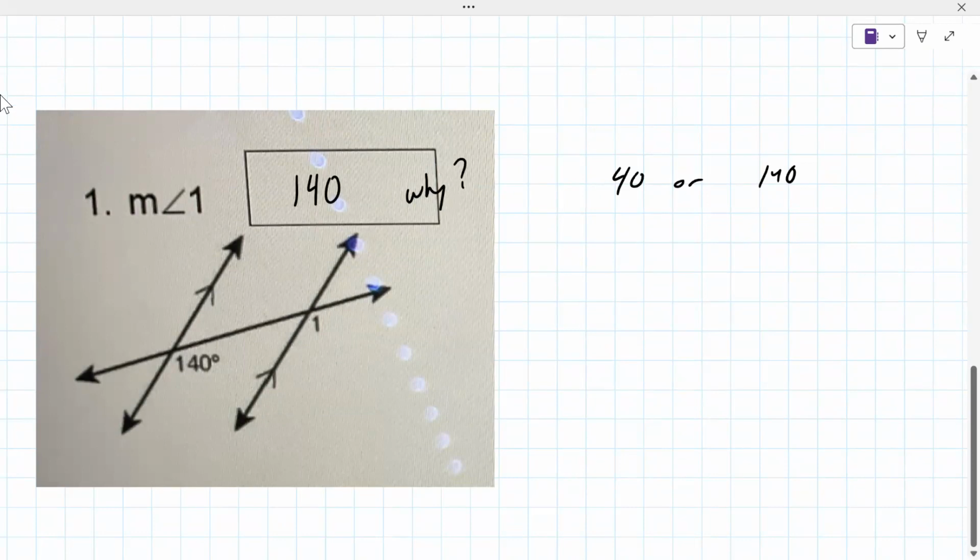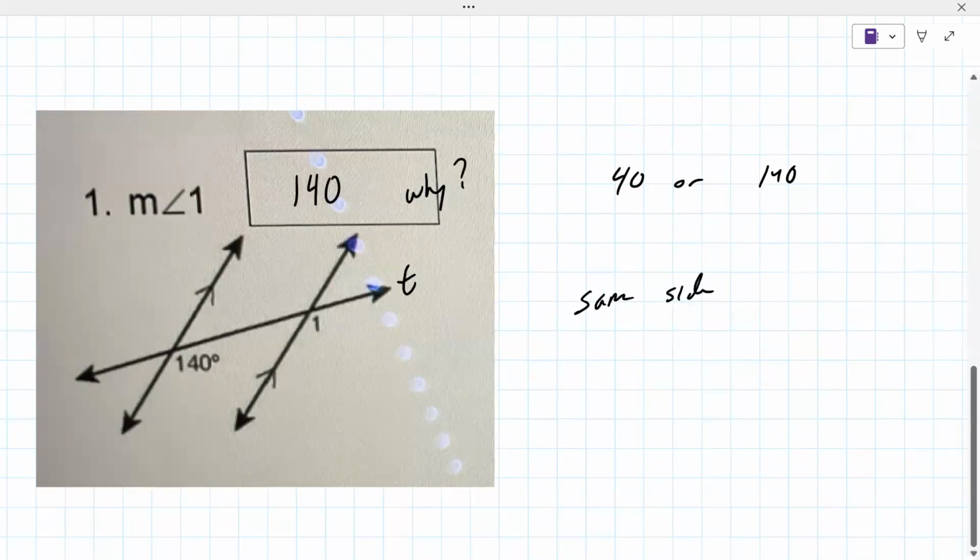What do you see? So let's start with something. Are they on the same side of the transversal? This is the transversal here. Are they on the same side? Yes, they are. So we could at least use words like same side.